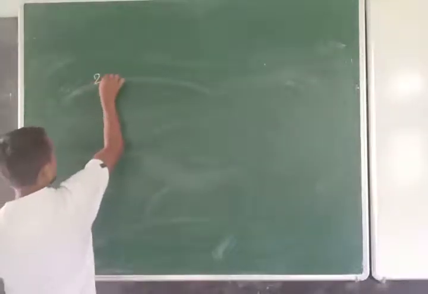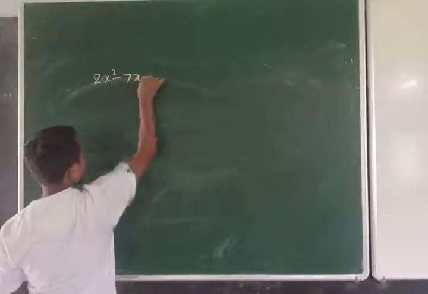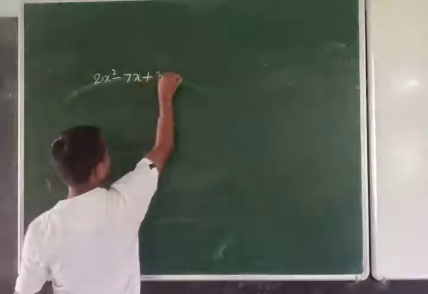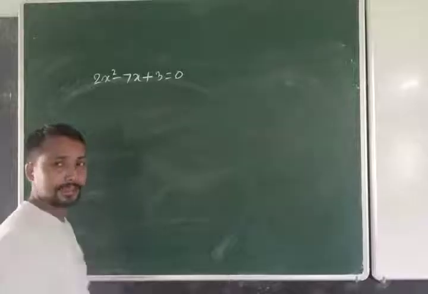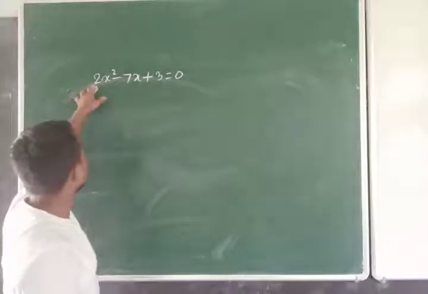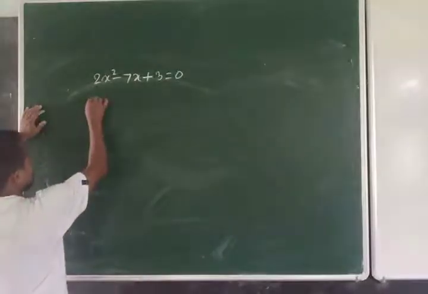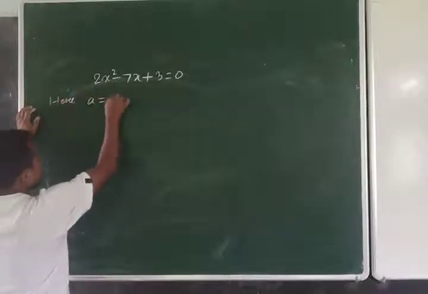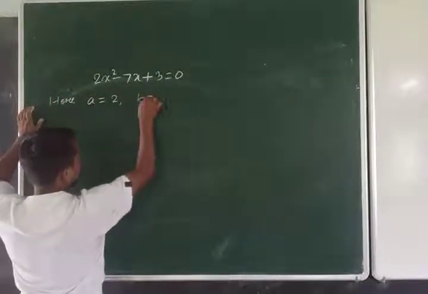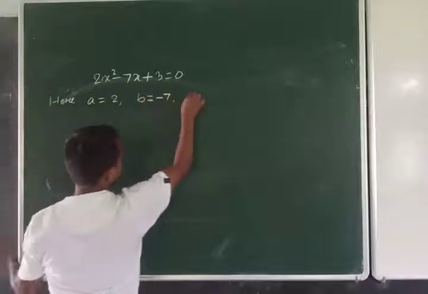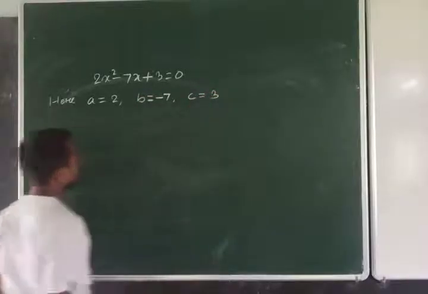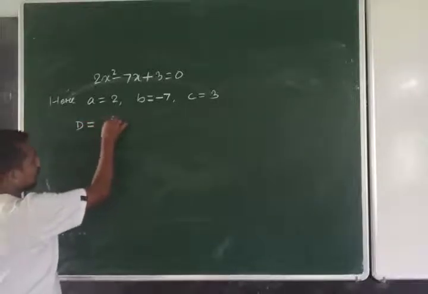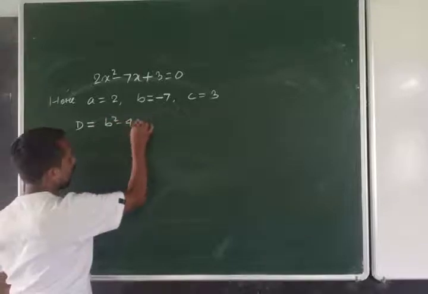Take 2x squared minus 7x plus 3 equal to 0. You can see here a, the coefficient of x squared, is 2, b is minus 7, c is 3. The discriminant D is equal to b square minus 4ac.